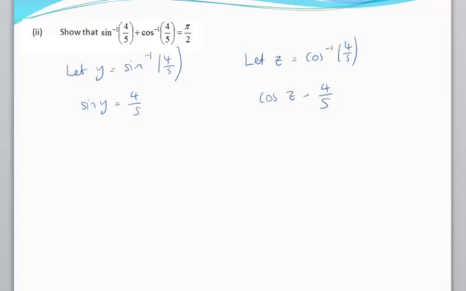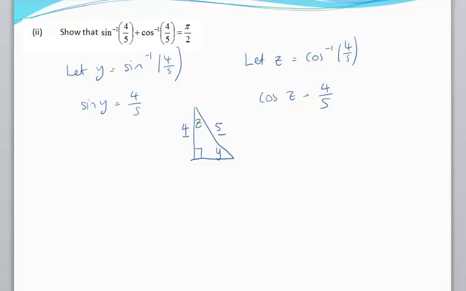If we think about this, we know this fits into our 3, 4, 5 triangle. For y, sine of y is opposite over hypotenuse, 4 on 5. For z, cosine of z is 4 on 5, so our adjacent is 4 and our hypotenuse is 5.